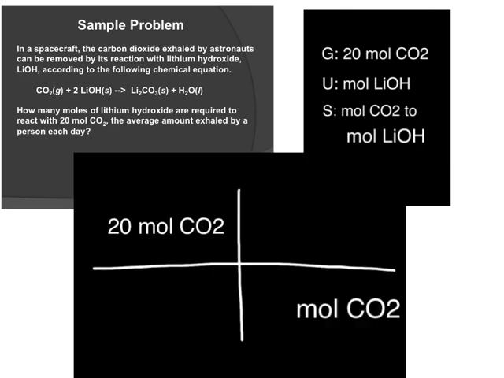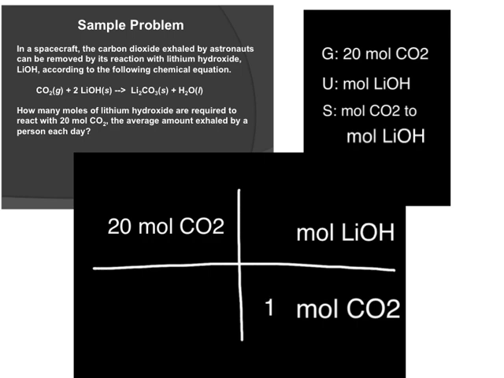So here's our T-chart. We put our given in the upper left corner, 20 moles CO2. Now finish off the conversion factor: how many moles of CO2 are there for every mole of LiOH? So you just look at your balanced reaction or balanced equation in the problem. What's the coefficient for CO2?